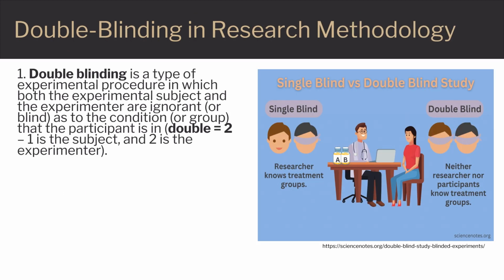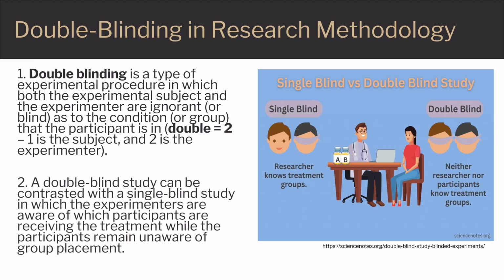A double-blinded study is a type of study in which both the experimental subject and the experimenter are ignorant or blind as to the condition or group that the participant is in. In contrast, with a single-blinded study, the experimenters are aware of which participants are receiving the treatment, while the participants remain unaware of group placement.